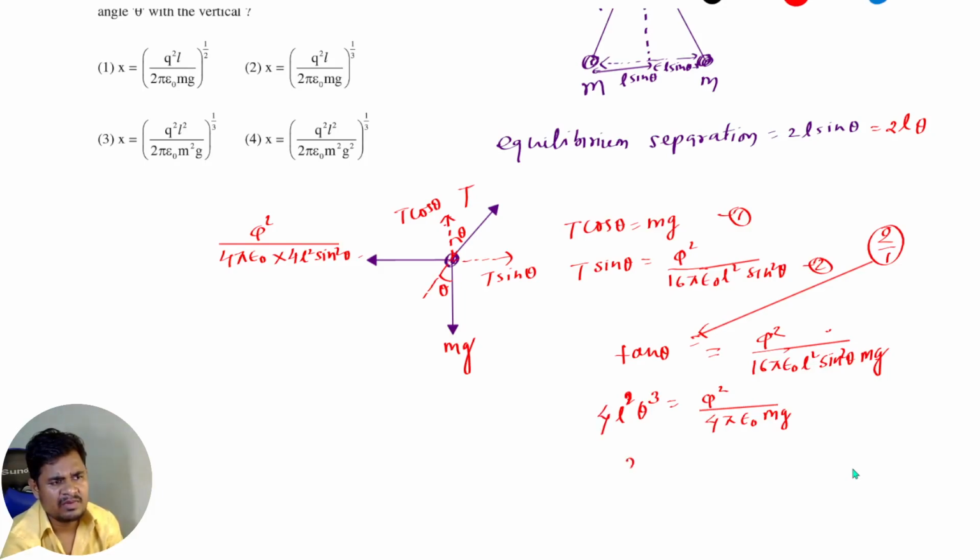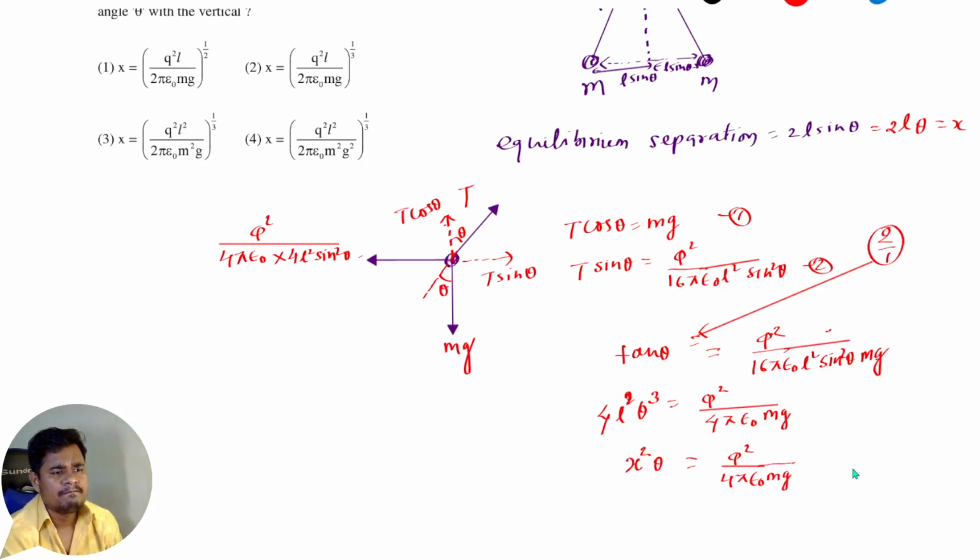So this will become x square theta, because x is 2L theta. So 4L square theta square, that is x square theta, equals q square by 4 pi epsilon naught mg.